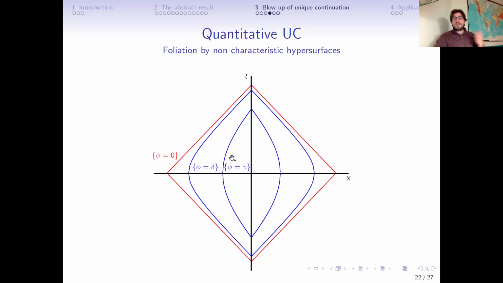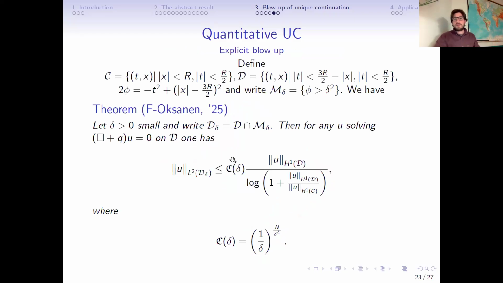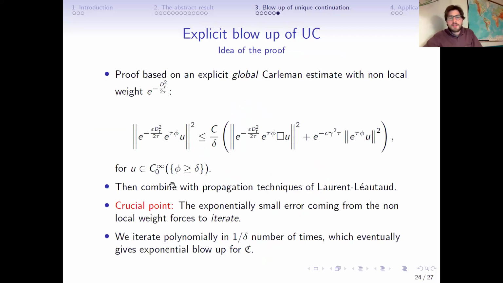And what we did is that we were able to prove quantitative unique continuation with explicit dependence with respect to delta. Delta is the distance to the optimal domain, and we were able to show this exponential behavior in delta. This is based on Carleman estimates with this microlocal weight introduced by Tataru.